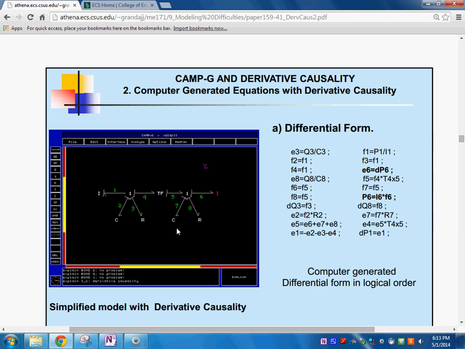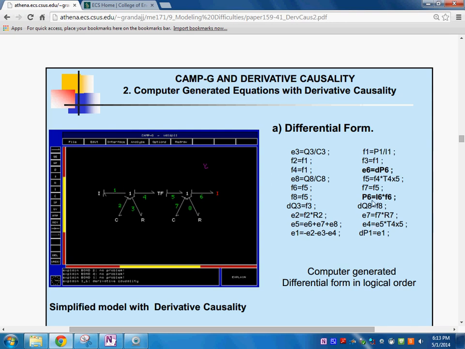Let's not worry about the bottom side, but only take this one that has derivative form and work with it, okay? So in CAMG, if you go to the file menu, it has the option that says equations. We're interested in the equations of the system. On the right-hand side are the CAMG produced equations for the system.